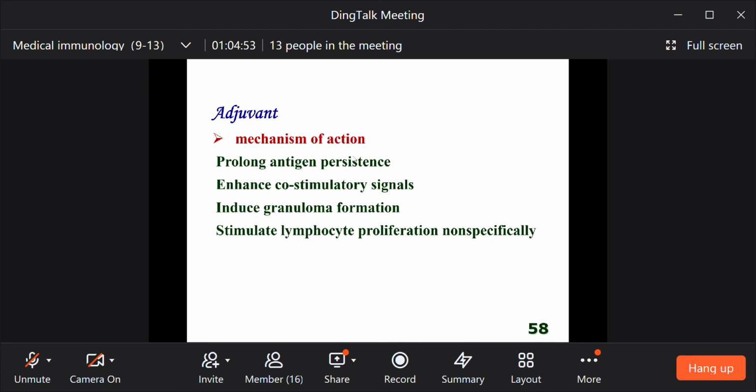Maybe in the final examination, I will give a question on it. You should know that the adjuvant induces lymphocyte proliferation with low specificity.